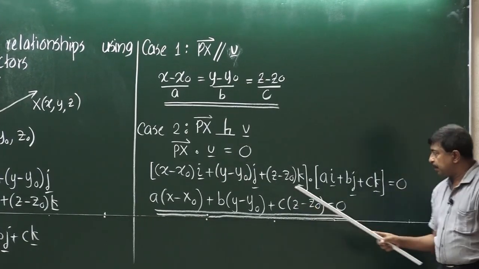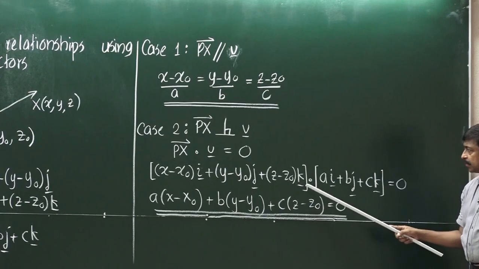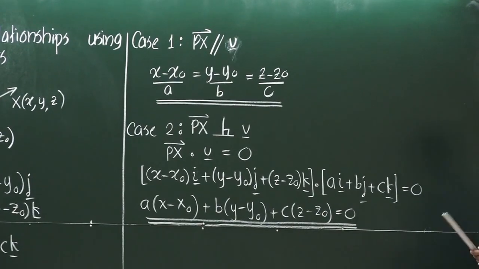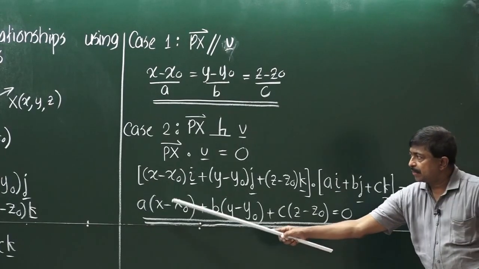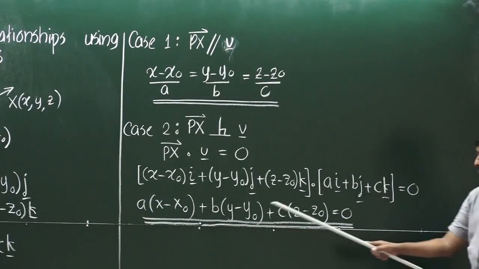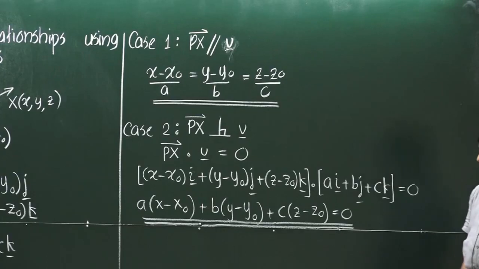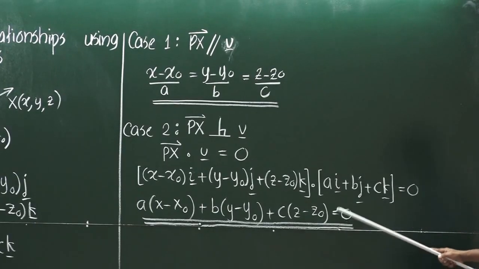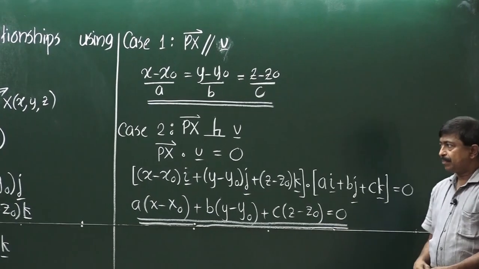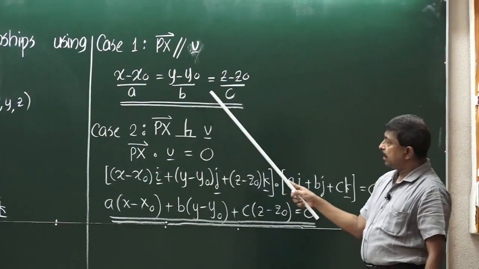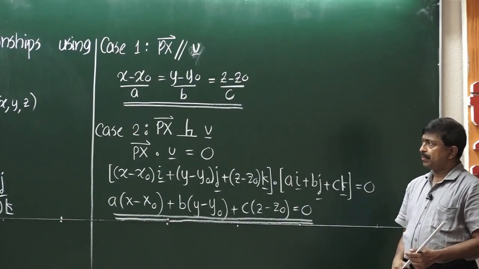Now, if you take the dot product, this is vector PX, this is vector V, you know how it goes. i dot i is 1, therefore, a goes hand in hand with this one, b goes hand in hand with y minus y naught, c goes hand in hand with this one. So, this is what you get. In fact, in this case you get a plane, the equation of a plane. Here you get the equation of a line.